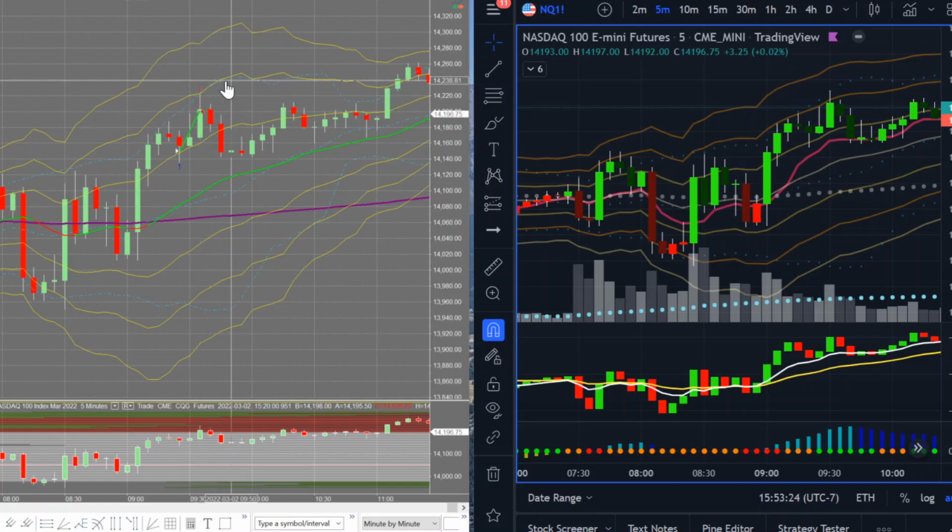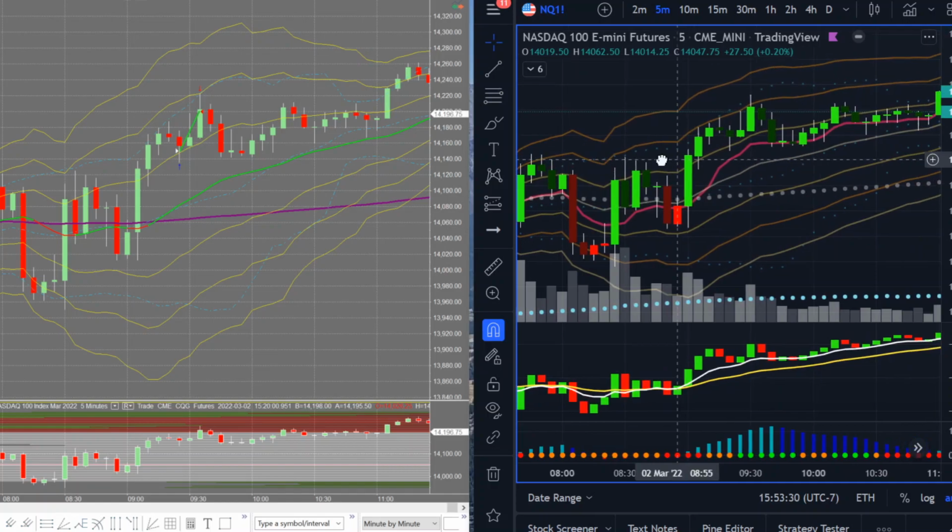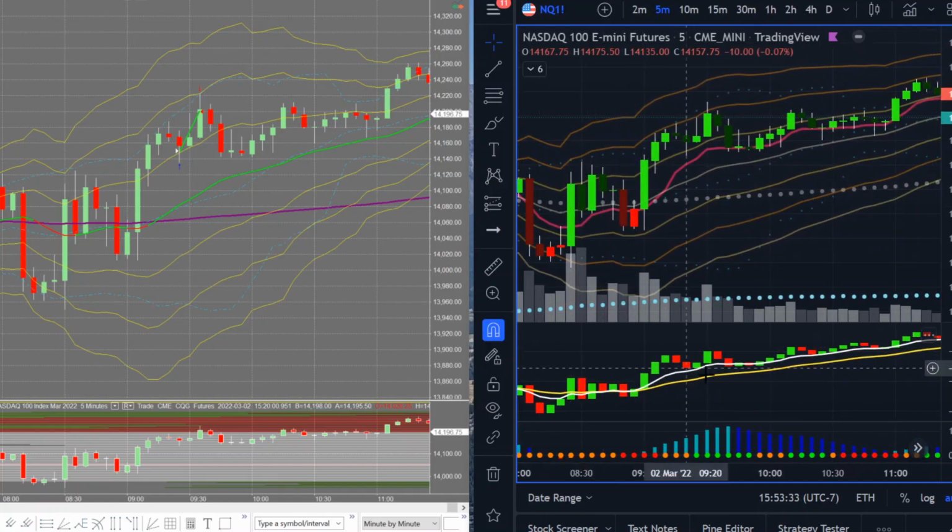The next one: since the market did not go higher like I expected, the next usual setup is to take a trade either at the 80 MA if there was a good push higher, or at the 21 EMA.